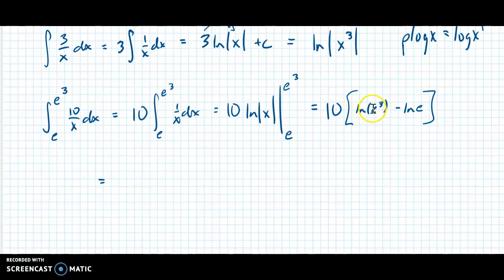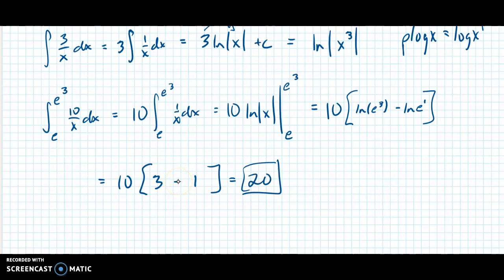So what's ln of e to the third? Well, that just gives me 10, open bracket, close bracket. ln e to the third, they cancel, it gives me a 3. And then, how do I do this one? Natural log of e. Well, remember, this is e to the first power. So ln of e to the cancels and gives me a 1. From there, I just need to subtract, which gives me 2, and multiply, which gives me 20.